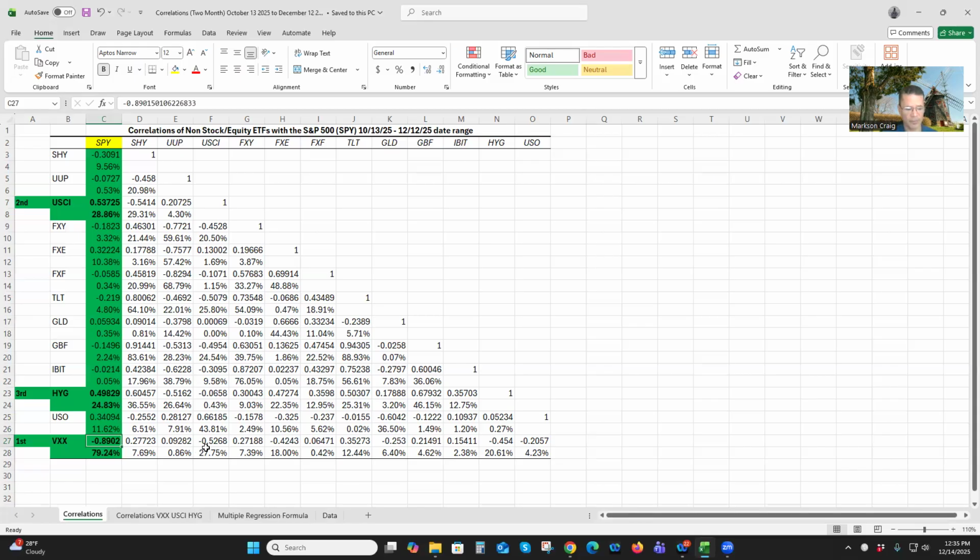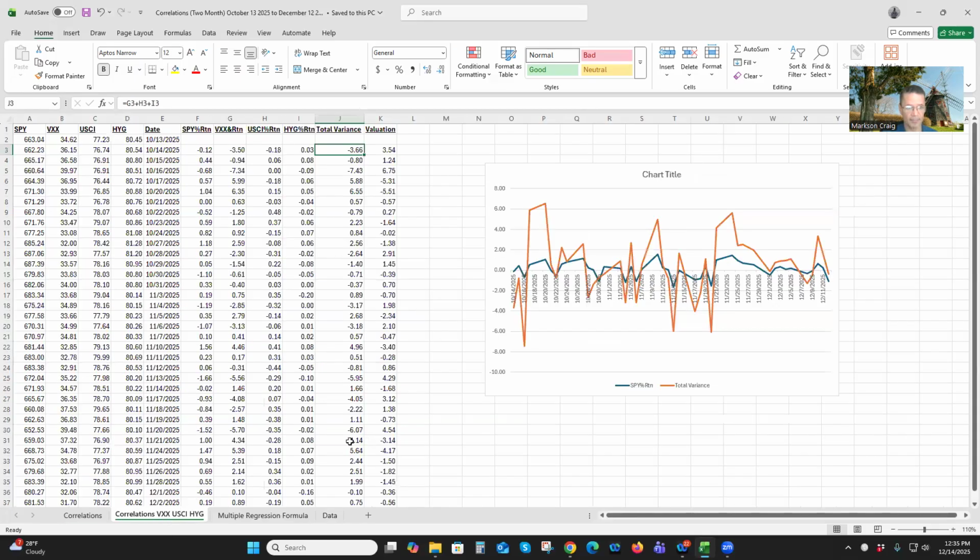So what do we do with all this information? One of the things is you can track the daily pricing of these 4 securities. So you have the independent variables, USCI, HYG, and VXX, and SPY. And what you do is you account for the percent of variance that the independent variables have on SPY.